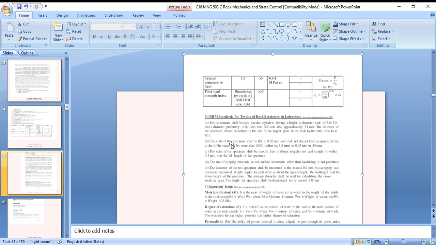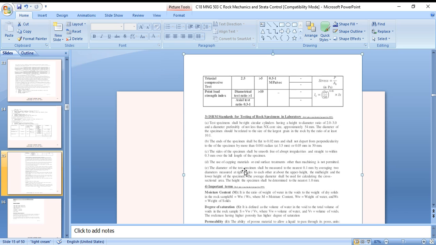The diameter of the specimen should be related to the size of the largest grain in the rock by a ratio of at least 10 to 1. The ends of the specimen shall be flat to within 0.02 mm and shall not depart from perpendicularity to the specimen axis by more than 0.001 radian, or 0.05 mm in 50 mm.